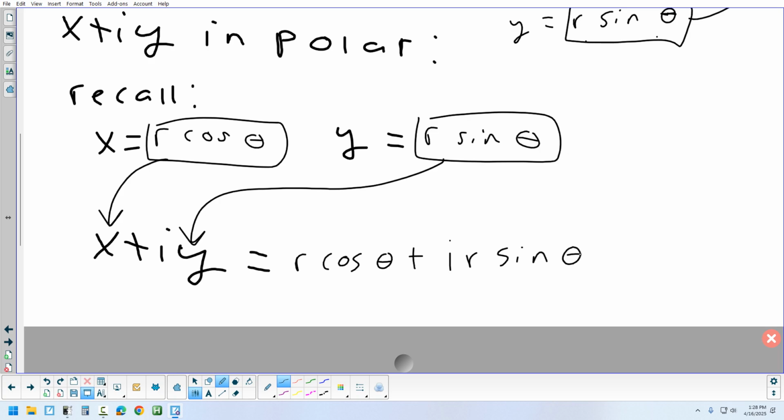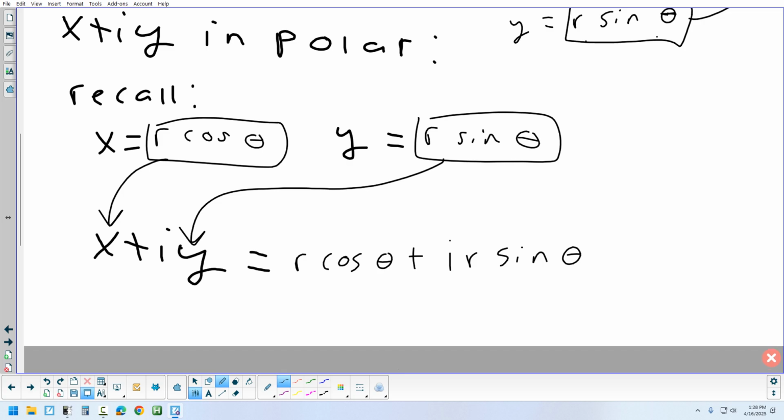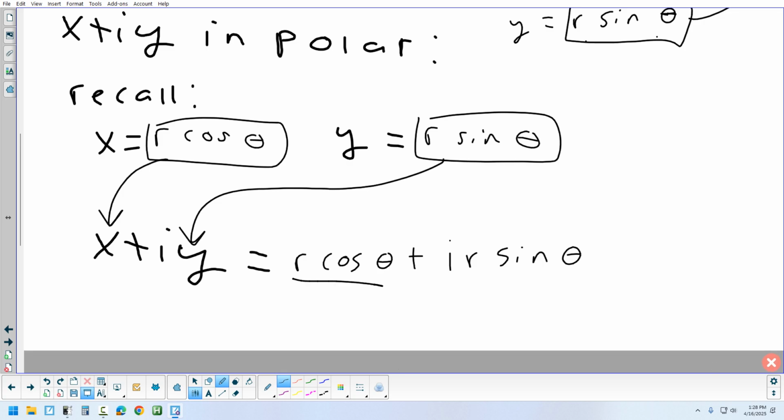Now, in front of the trig function, what letter do both of those have in common? R. When two terms have the same letter, you can put it in front of them both. That way you don't have to write it twice. So we can put an R in front. If we take the R out of the first one, what's left?